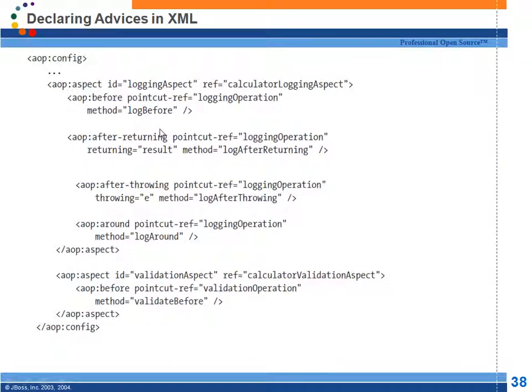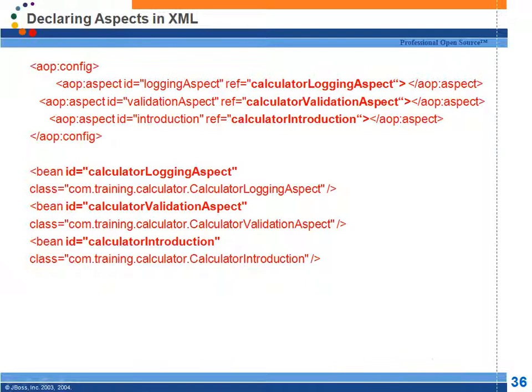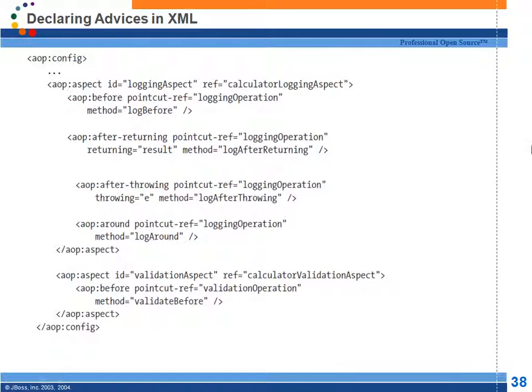This AOP colon aspect tag says that this bean is an aspect, but again we need to tell which method inside it has to be executed when, right? See, now this is not sufficient. See here, AOP colon aspect logging aspect reference is equal to the same bean, but now I specify AOP colon before, where log before is a method.